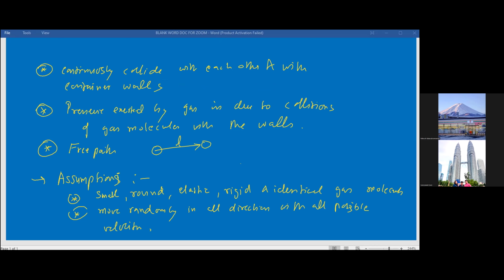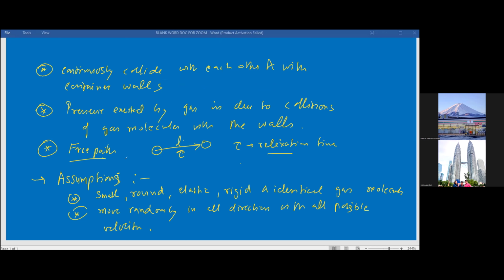The time taken by the molecule to travel this free path, tau, is called relaxation time. It is the time between two successive collisions of gas molecules. Later on we will see how we can use tau and free path to determine other properties.